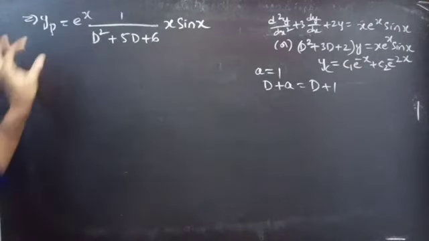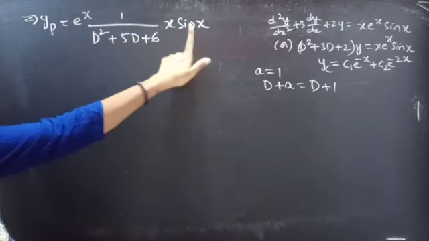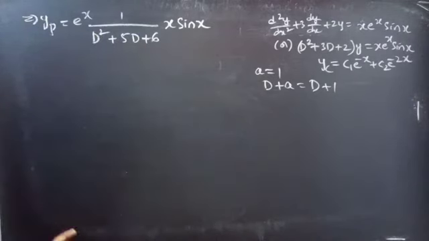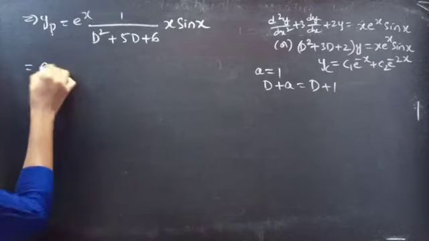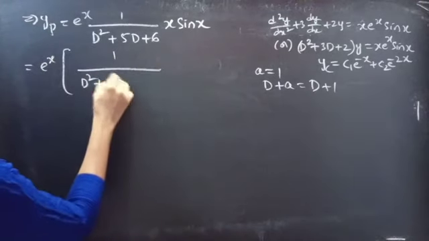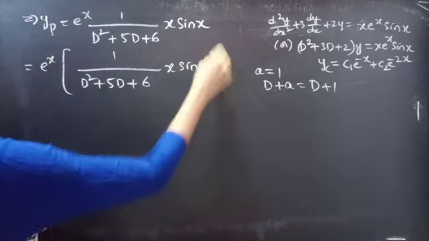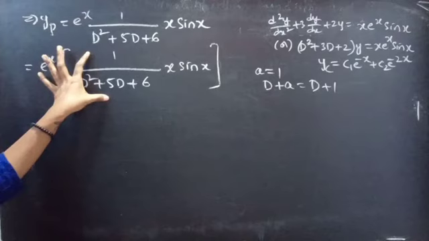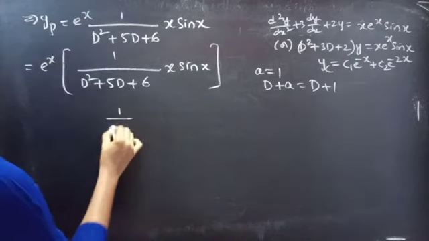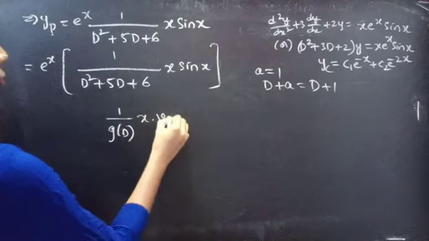Now we are having yp equals to e power x into 1 by some function of D into x into sin x, right? Is equals to e power x into 1 by D square plus 5D plus 6 into x sin x. The term under brackets is of 1 by some function of D into x into some v form.